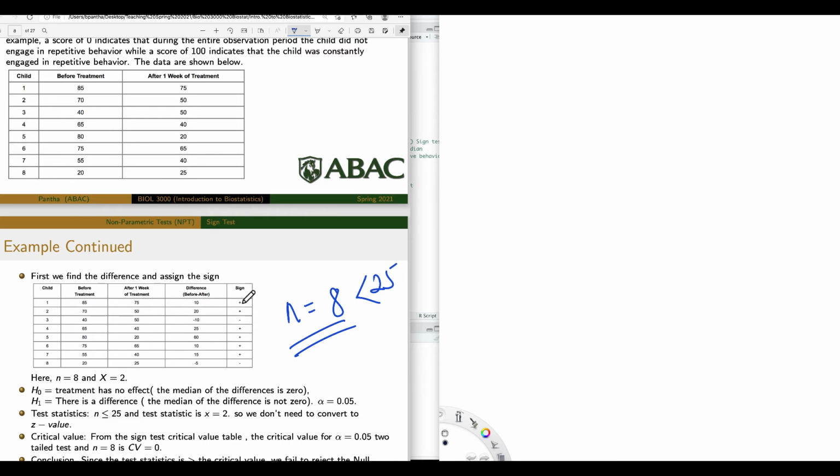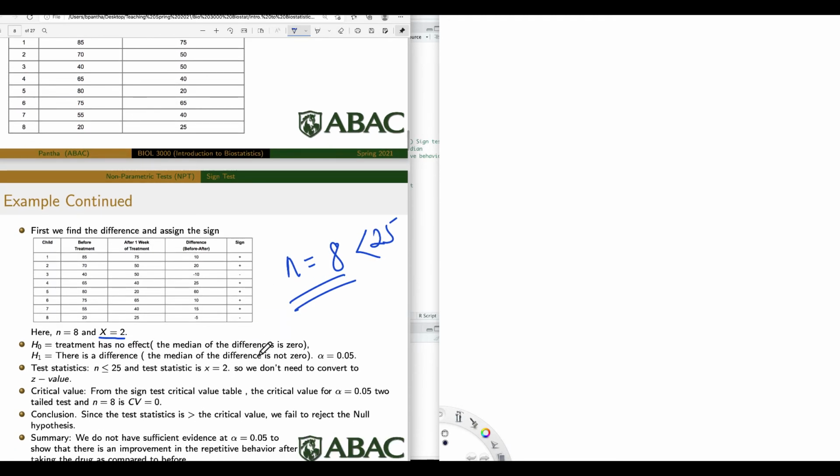Here, how many? There are more positives than negatives. So 1, 2. So x is 2. By the way, this example does not have a difference equal to 0. If the difference is 0, you do not count that in x, because it will not have any positive or negative sign, so you just write blank there.